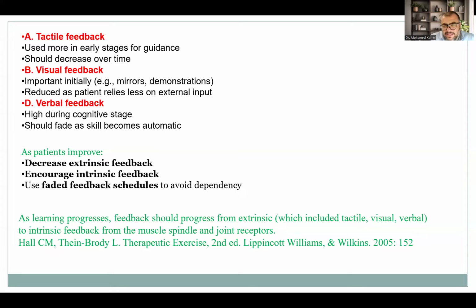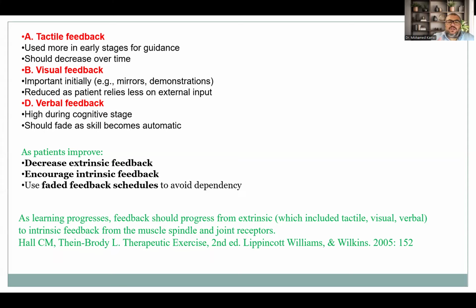I am explaining in the beginning, okay, this is a steering wheel, this is a brake, this is where you can start the car, a lot of information, what to do, okay? So should fade or be reduced as a skill becomes more automatic later on. So as a rule of thumb, as patients improve, extrinsic feedback should be decreased and more intrinsic feedback encouraged.